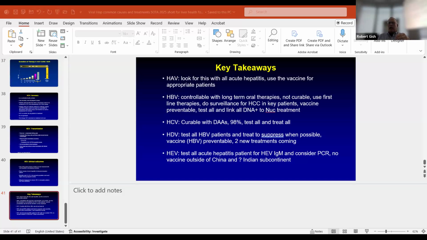If someone's got a high liver stiffness, especially above F3 conversion, they have a very high risk of severe outcomes. Genetic testing, which is all listed here, especially in the blue box, we don't do yet because it's expensive and nobody knows exactly how to use the information, so that's on hold.